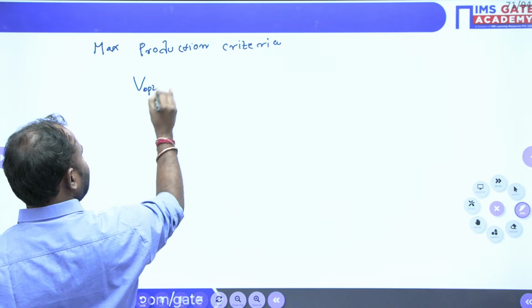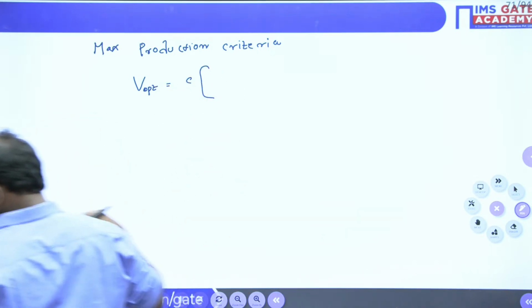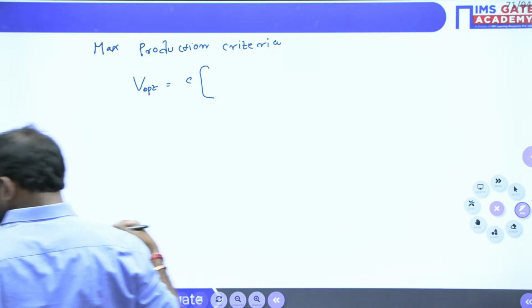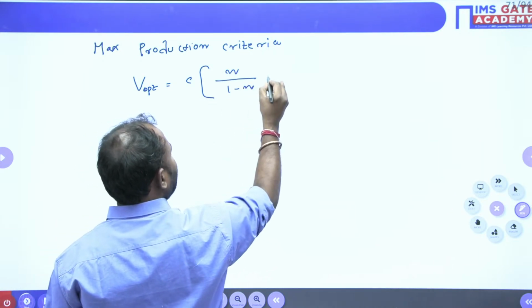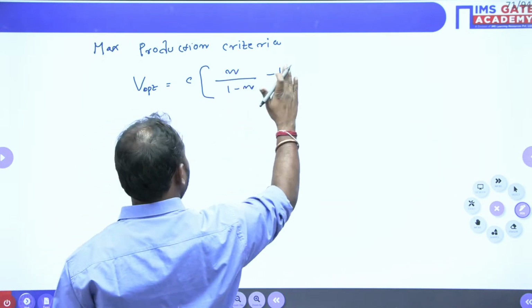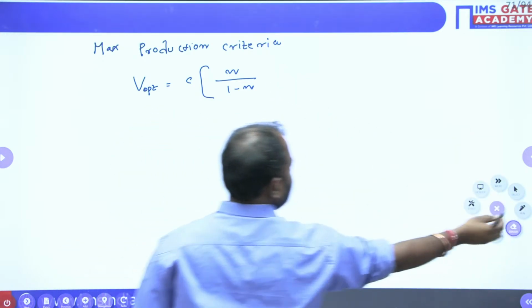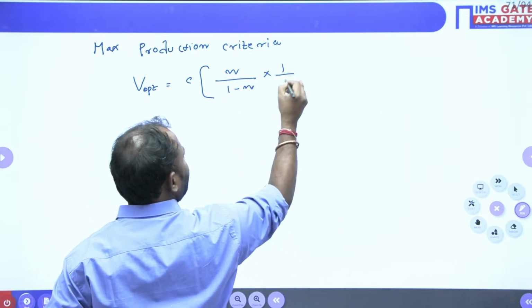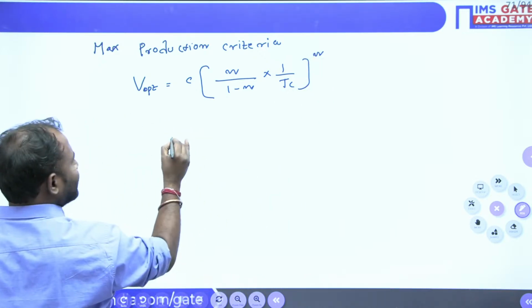V optimum is equal to C into n by 1 minus n, into (1 by Tc) whole power n. Now let us calculate that.